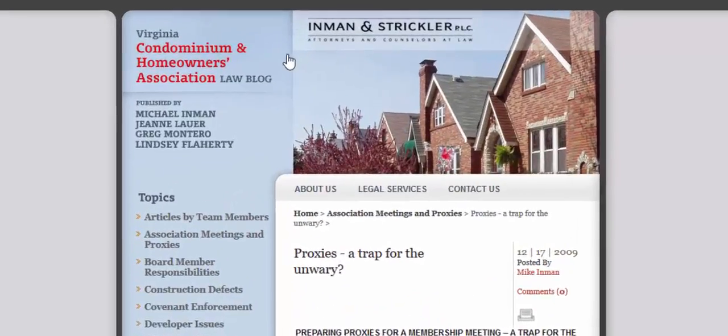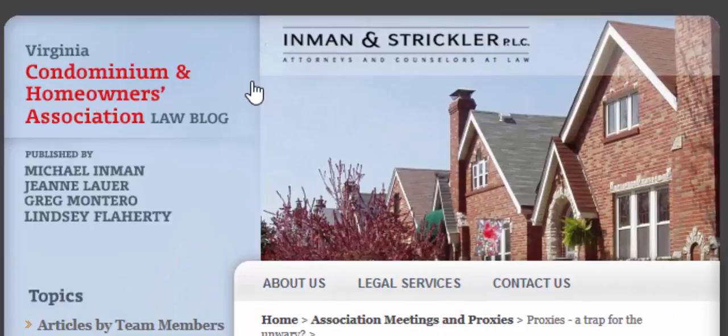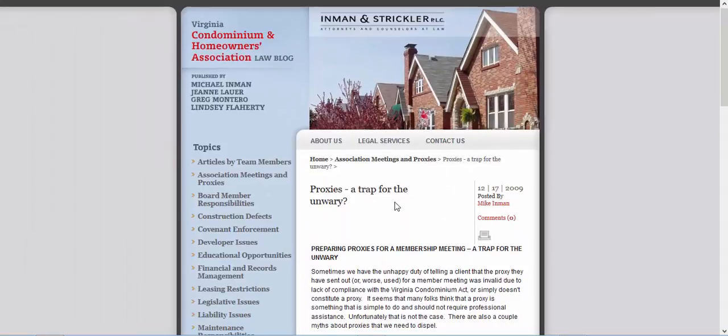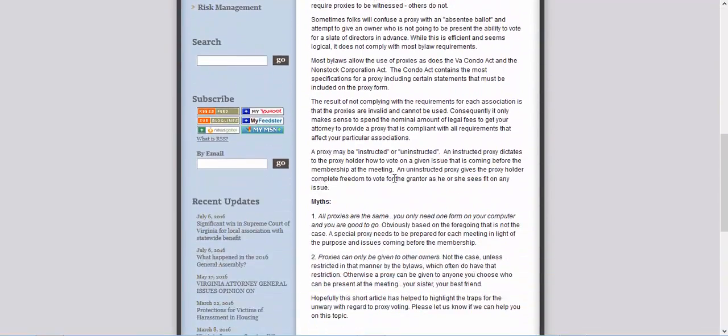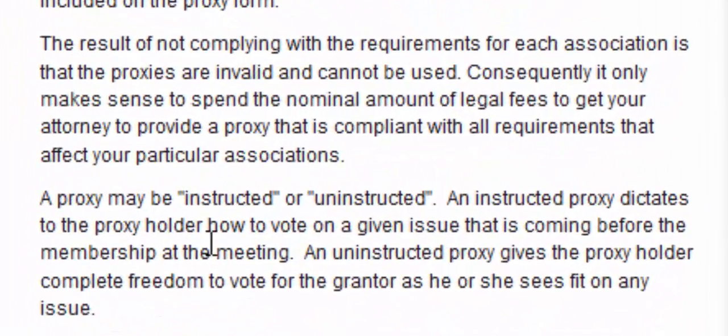They're very good. They've been at it a long, long time. This is a group of attorneys, and all they deal with is condominium and homeowners association law. They're very, very active. And this is the article here, but what I wanted to bring up was their legal definition of the instructed or uninstructed.